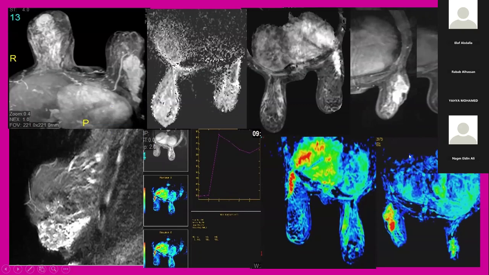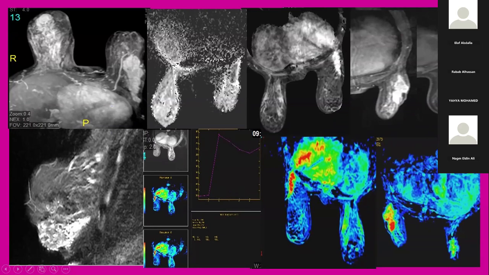And here, this is the color-coded kinetics, demonstrating predominant washout. The red indicates washout kinetics, and the curve here obviously demonstrates avid enhancement and washout kinetics consistent with malignancy.